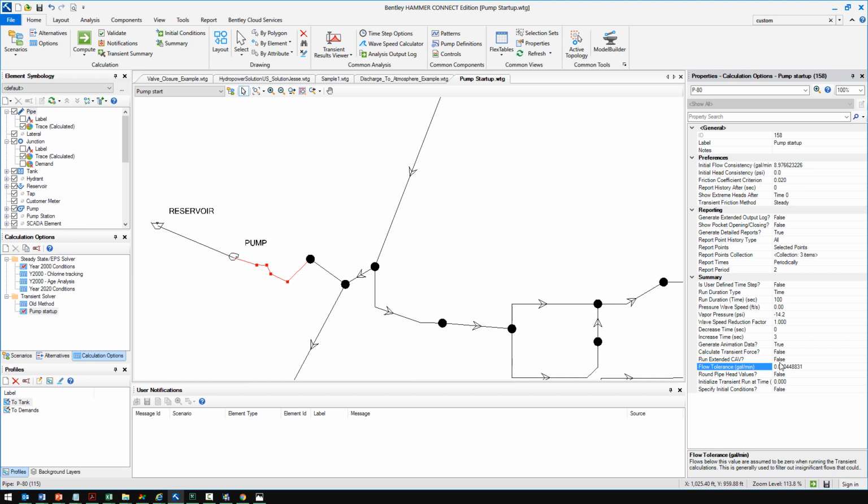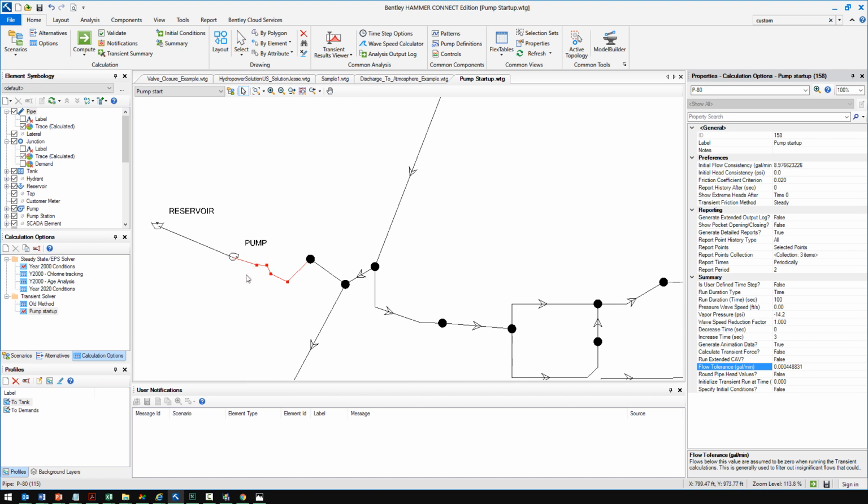But if the flow happens to be just a little bit above this, for example, it will try to convert the head loss through that pipe to the Darcy-Weisbach F, and that head loss may be exactly zero still, even with that tiny flow, which means it's going to result in a Darcy-Weisbach F of 0. And in the case of a pump start, that means it's a frictionless pipe.